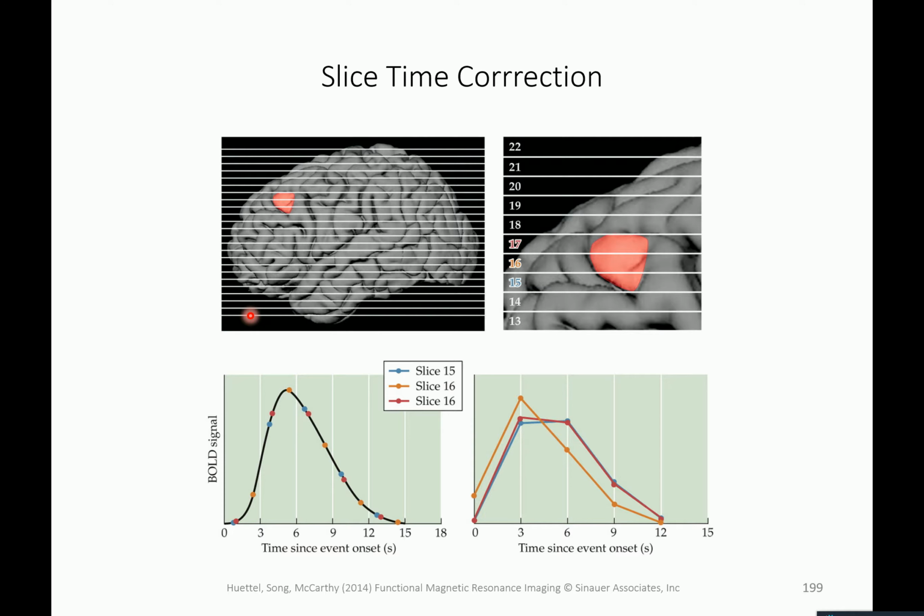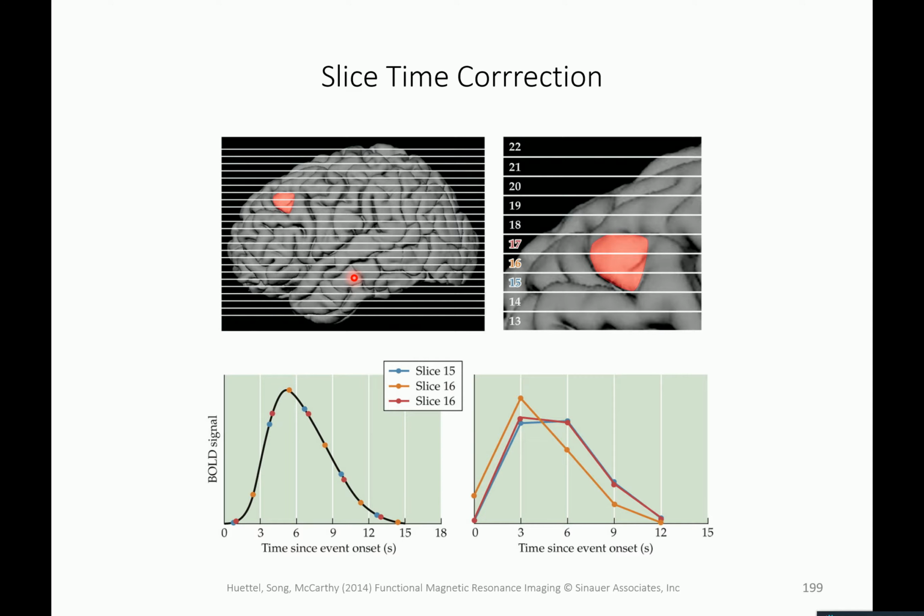So you say that all my voxel data here are acquired at 1 second, these are at 2 seconds, these are at 3 seconds. In fact, some slices were acquired at 1.5 seconds, and some slices were acquired at 1.8. And this is how these slice timing effects come in.